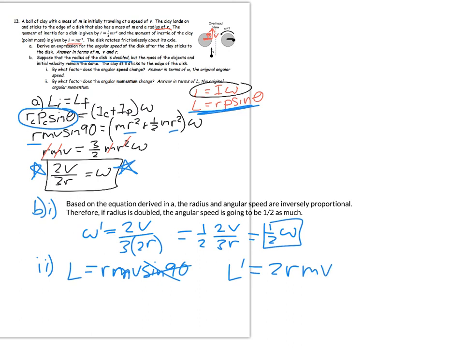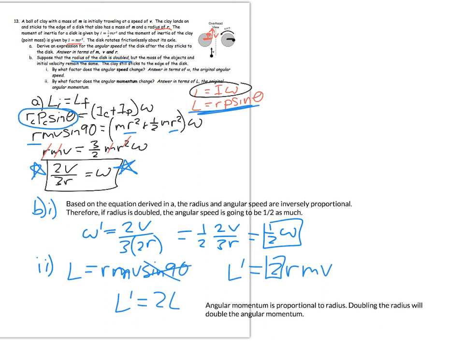And so we can clearly see that there's just this 2 term here, and that means that our new angular momentum is 2L. And that makes sense given what we know about angular momentum, because angular momentum is directly proportional to our radius, so doubling the radius will double our angular momentum.